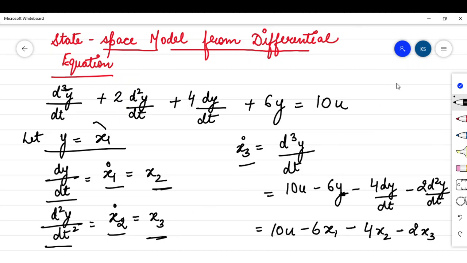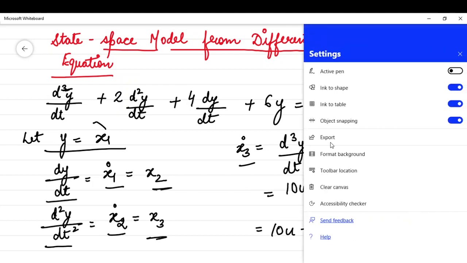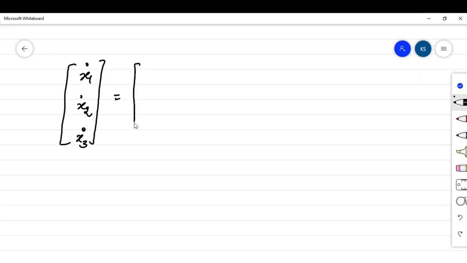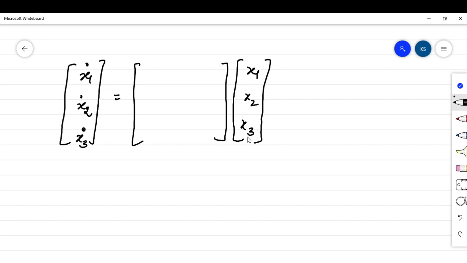Now we can develop the state space model easily. The state space model for this system is: we define three variables as x1 dot, x2 dot and x3 dot, and we have to define the A matrix, which we already know as we have developed the equation.